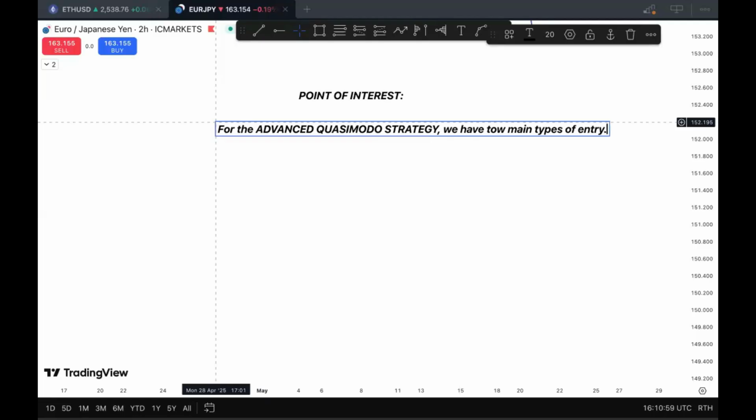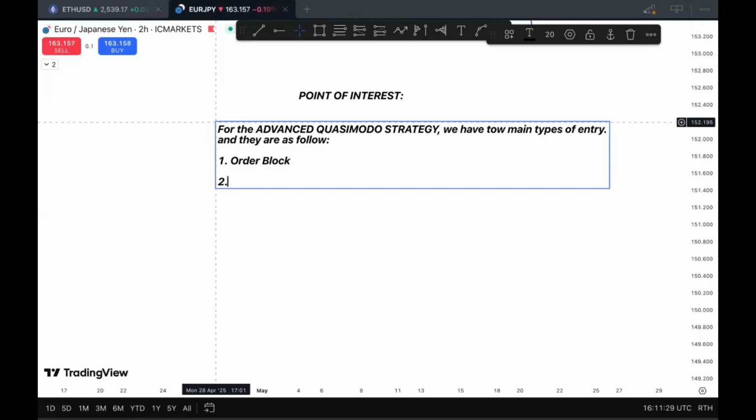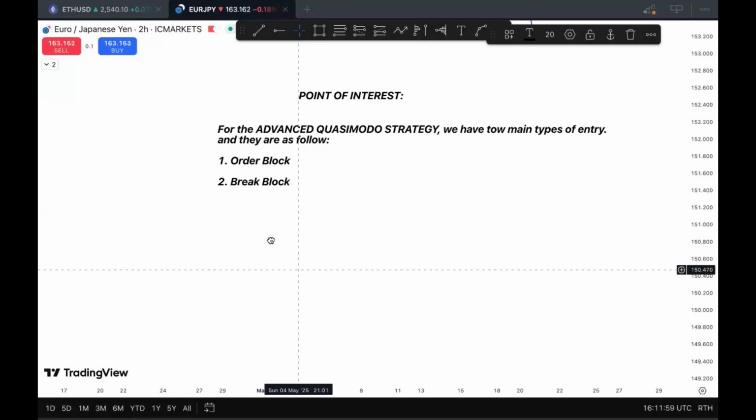Number one, we have the order block. Number two, we have the breaker block. For the advanced Quasimodo strategy, we have two main types of entry: number one, order block, and number two, breaker block. I'll be showing us how to enter a trade with the advanced Quasimodo.